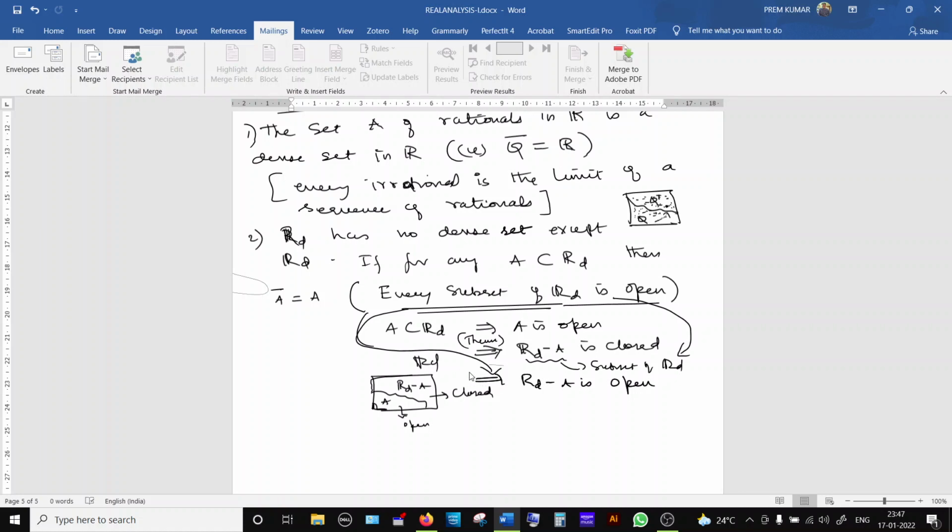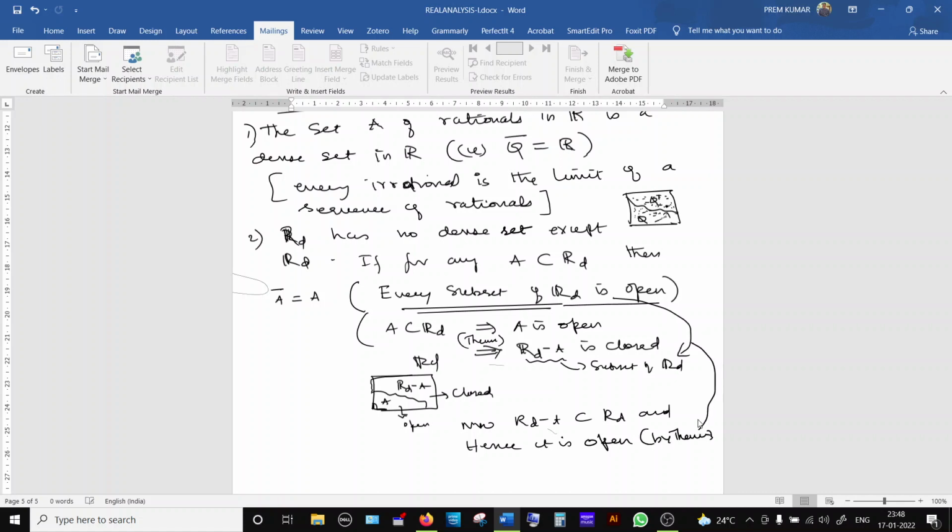Simply write like this: R_d minus A is closed, and R_d minus A is a subset of R_d, and hence it is open by the same theorem.